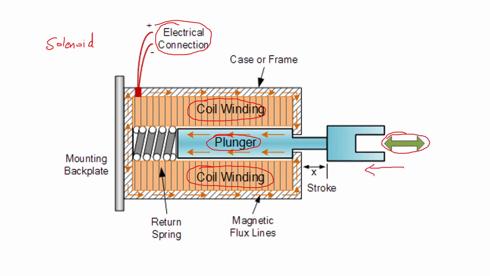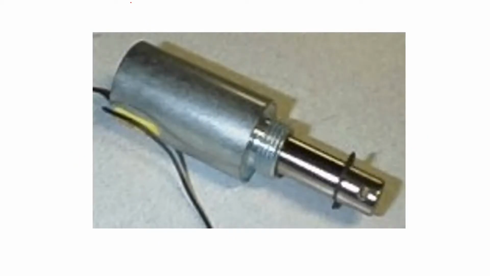Either it can go inside or it can go outside depending upon the electrical input, which will induce a voltage in the coil, and the current starts flowing around here. So that will make the plunger move, either inside or outside. So that is how the basic movement of a solenoid works. Here you can see an image of a solenoid.